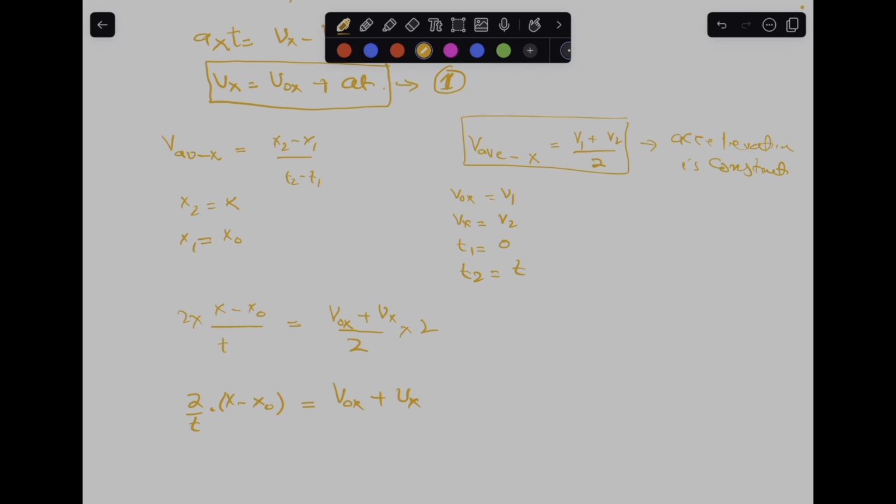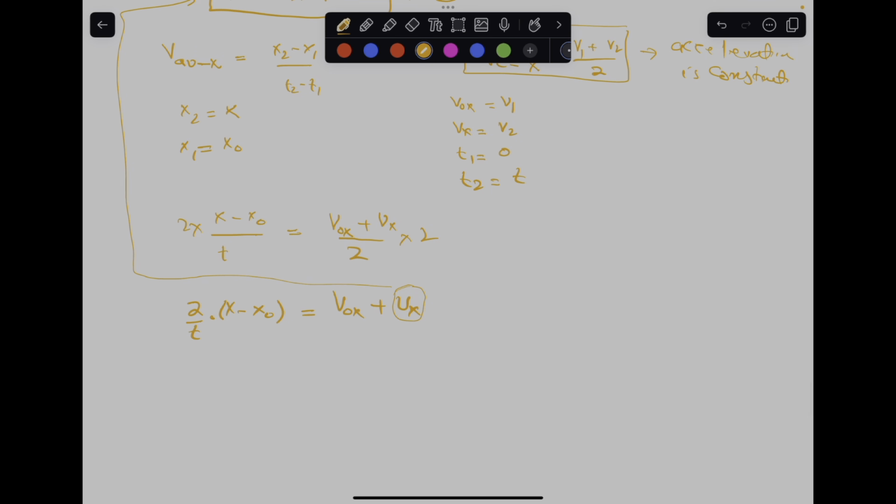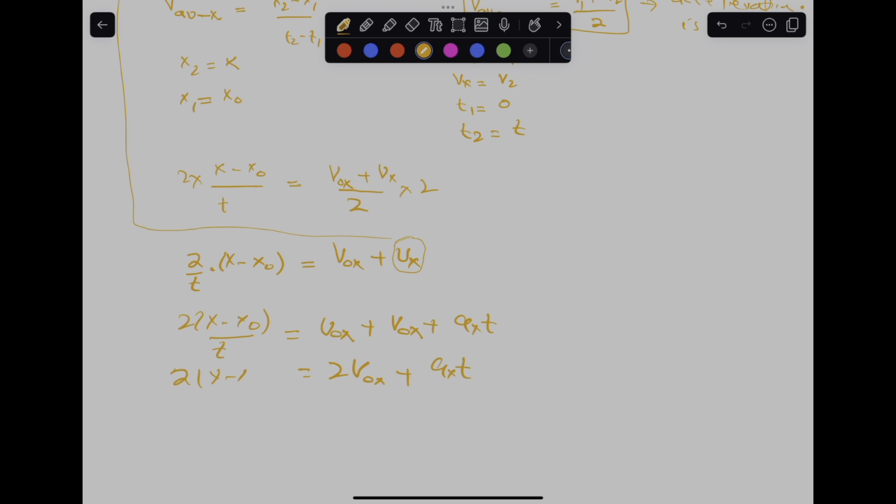And from equation number 1, we know that vx is nothing but this. So we substitute: 2 times x minus x naught over t equals v naught of x plus v naught of x plus ax t. So we get 2 v naught of x plus ax t, which is 2 times x minus x naught over t.